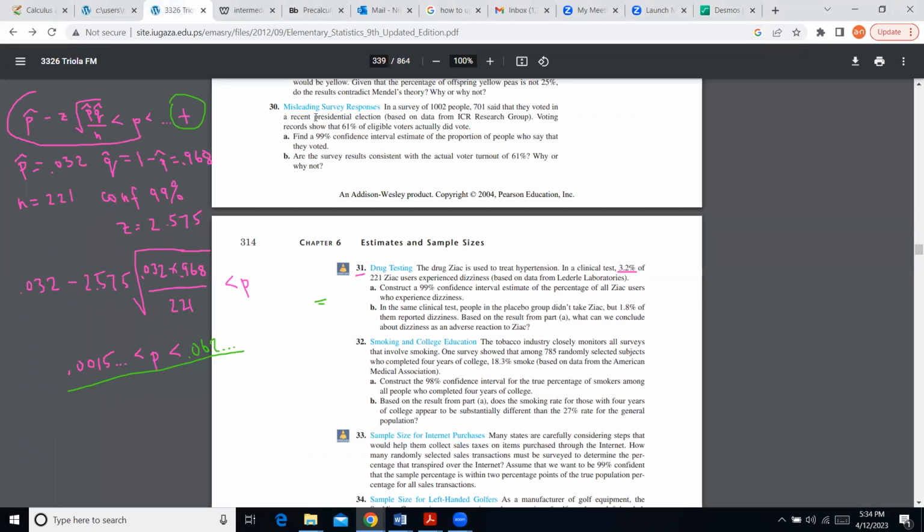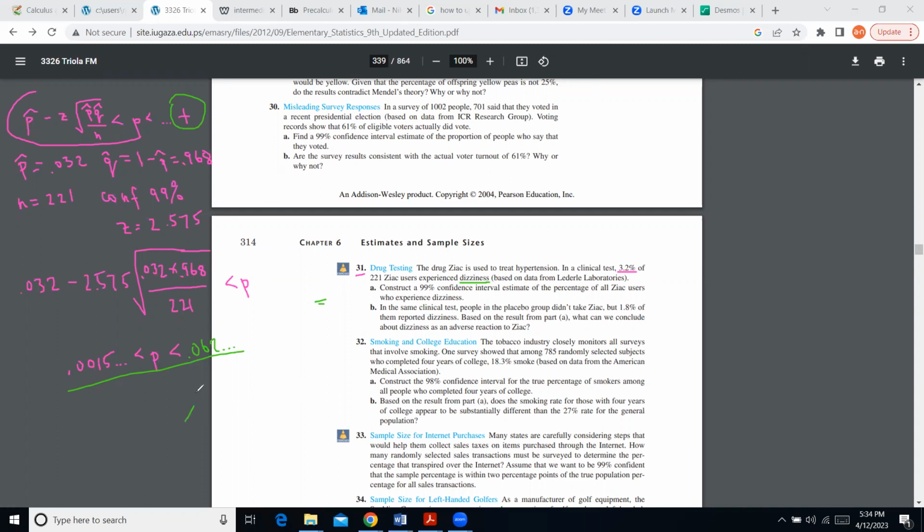And of course, the main question is, does this really make any sense for that particular exercise? So let's see what happens. 3% of people experience dizziness. 3% in that sample. So what's the percent of people in the entire population that would experience dizziness?